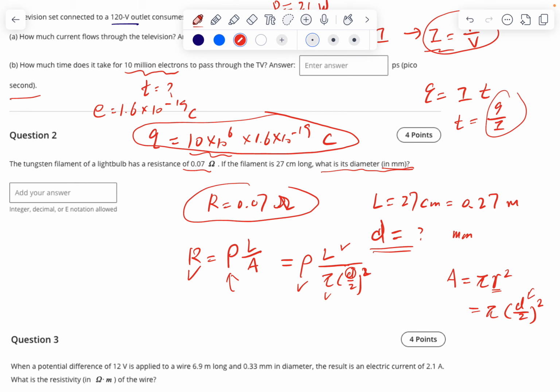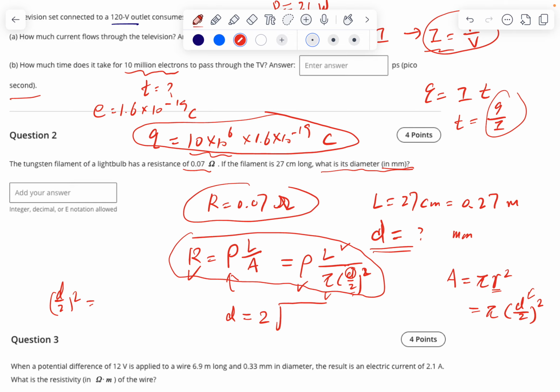d equals 2 times the square root. Basically, you look at this equation: take the 2 over d to the other side, squared, equal to rho L over pi R. You can swap this one with this one, then take the square root and multiply by 2.